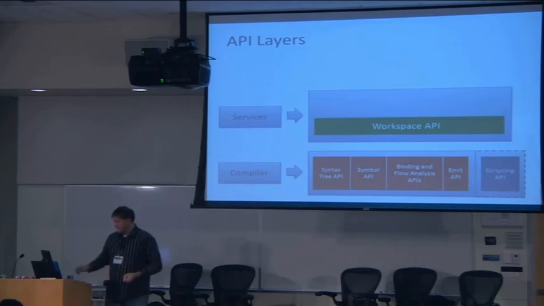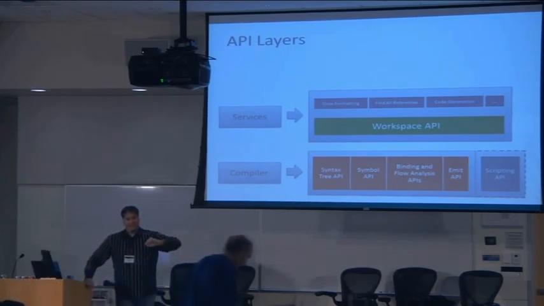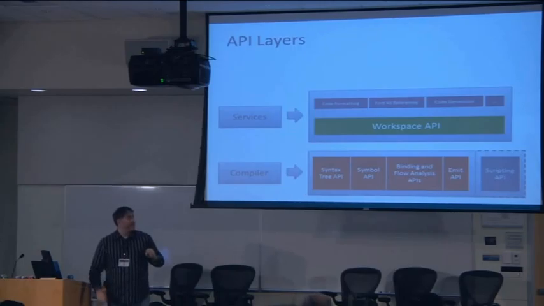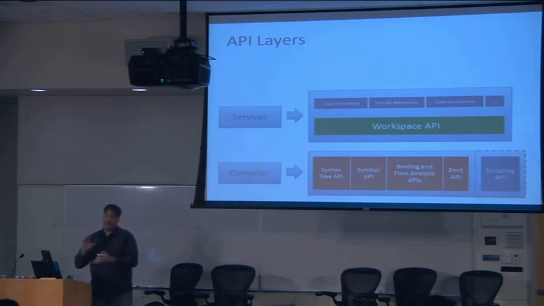And I can call services that are built on top of the workspace API with one entry point, and depending on whether that's C# or VB, it may operate differently. So I can call find all references on a symbol. It'll find references across C# and Visual Basic. Doesn't matter which symbol I call it from. I can run the code formatter, and it's going to work with the proper rules for either C# or Visual Basic, depending on what tree or what node I operated on.